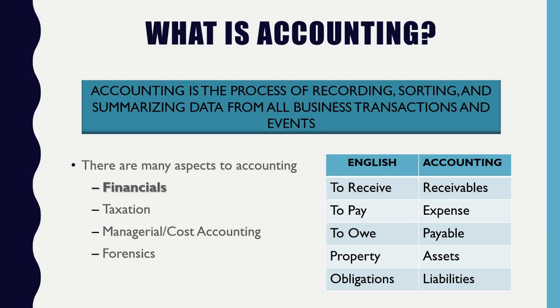If we have to pay something, it's an expense. If we owe something, it's a payable. When we have something that we own, like property, it's an asset. So if I have a building or furniture, that's all property to me, that's going to be an asset. And anything that's an obligation is a liability.